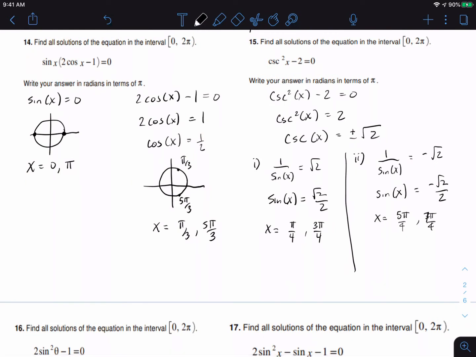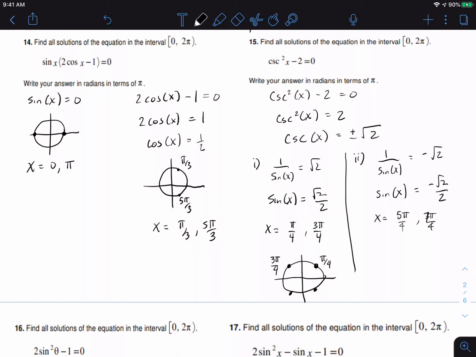So just on the unit circle so we can show it. The positive cases are going to occur up here, right? Because sine is positive, it has a positive value of radical 2 over 2 in the first and second quadrants. That's my pi over 4. That's my 3 pi over 4.